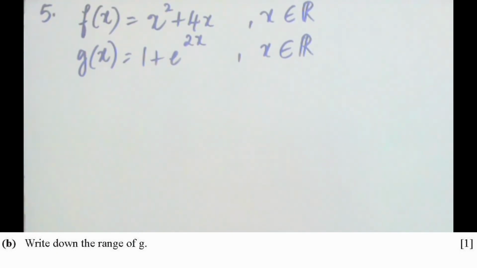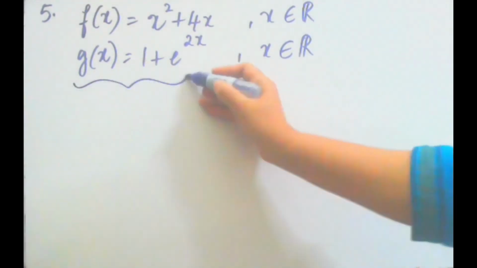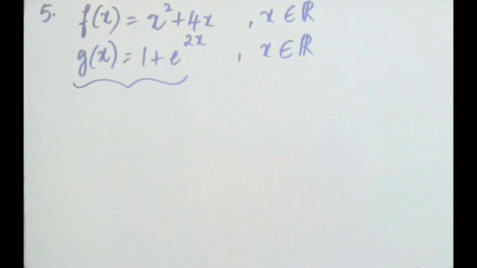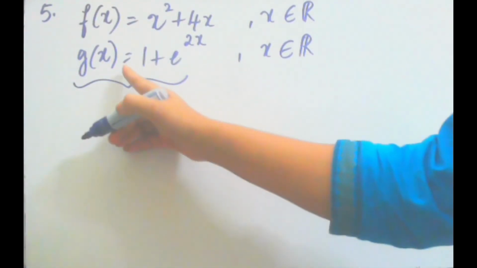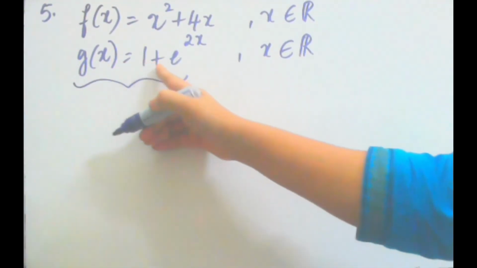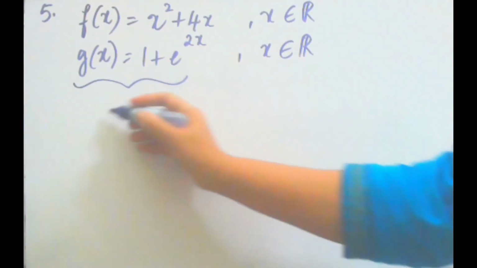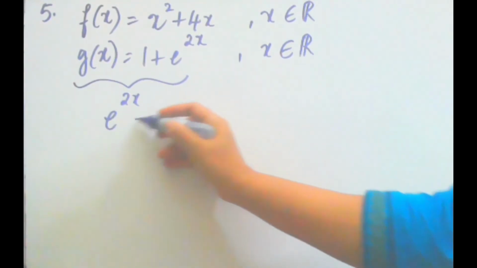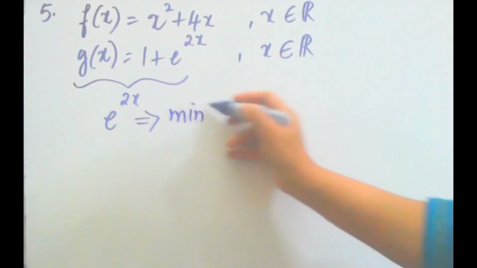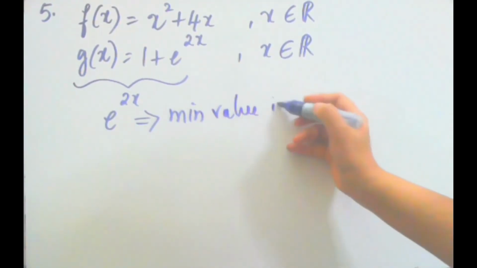Part B says write down the range of g. So we have to find the least value that g can take. If you see the equation, it is 1 plus e power 2x. We know that the minimum value of e power 2x is 0.